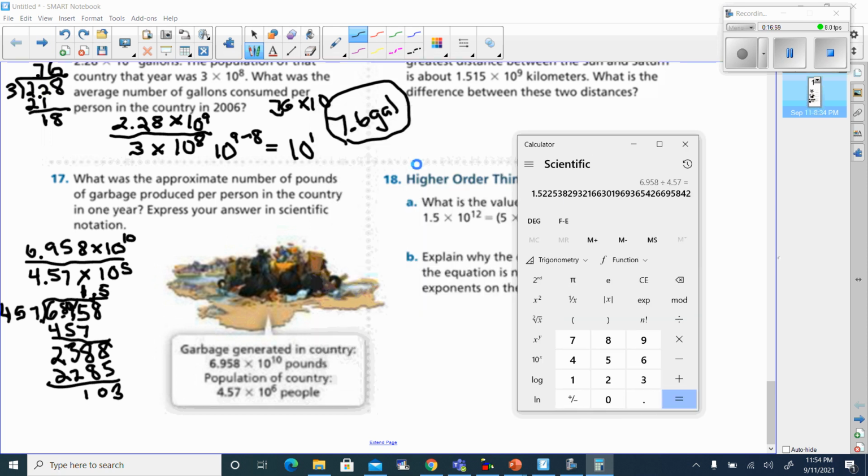Did it say to round up here? Express your answer in scientific notation. What was the approximate number of pounds in 1 year? Approximate, okay. So I'm thinking 1.5 there, okay? And now let's look at the power of 10. The power of 10 is 10 to the 10th power.